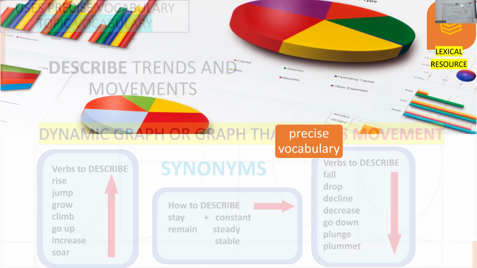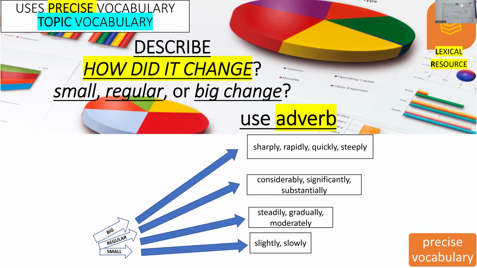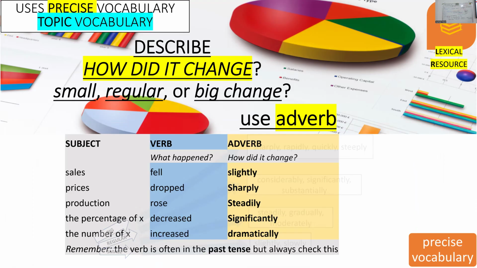Another key point there is that we also have to use adjectives or adverbs. So for example, sales fell slightly, prices dropped sharply, production rose steadily, etc.